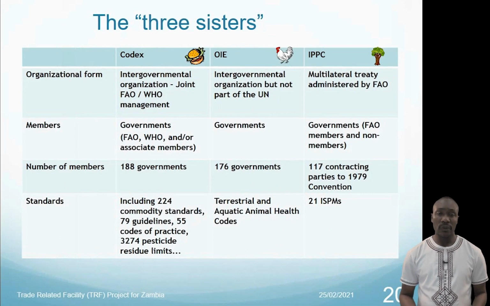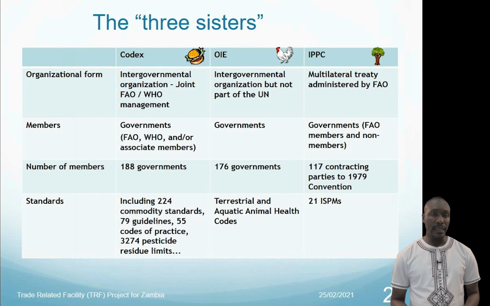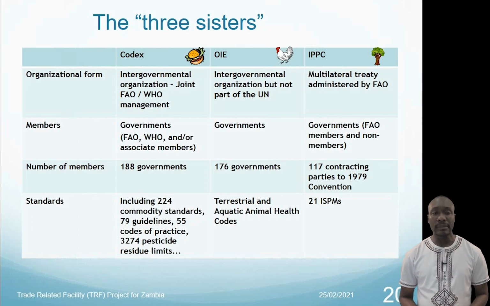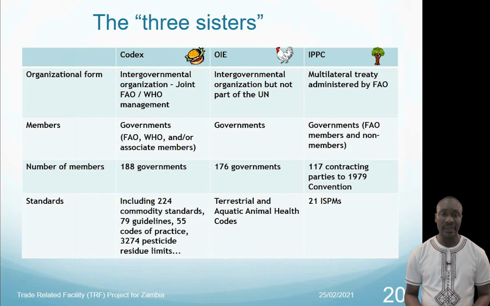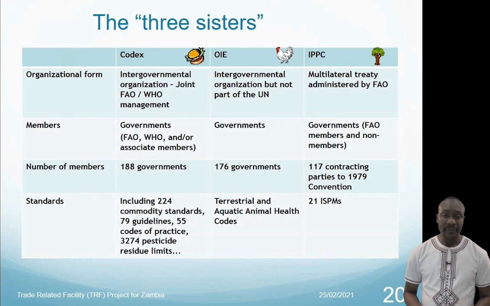Okay, so we just want to talk a little bit about the three systems. In terms of organization form, two of them, the Codex and the OIE, are intergovernmental. The IPPC is basically multilateral, but it's administered in the FAO.